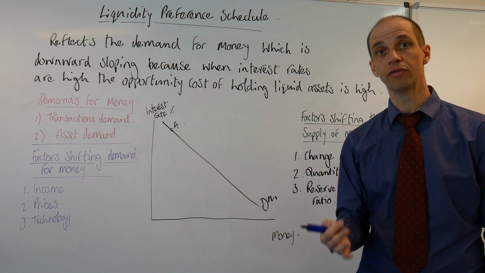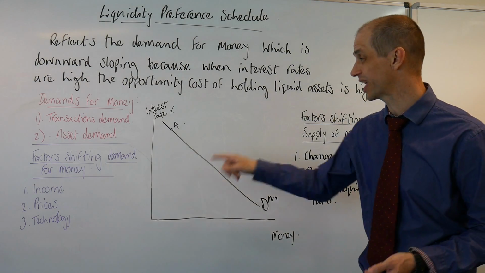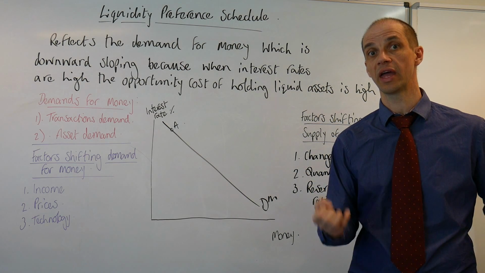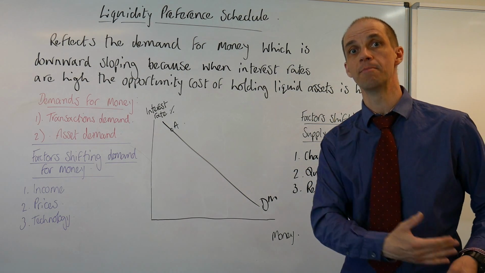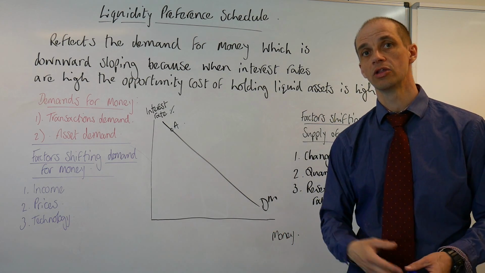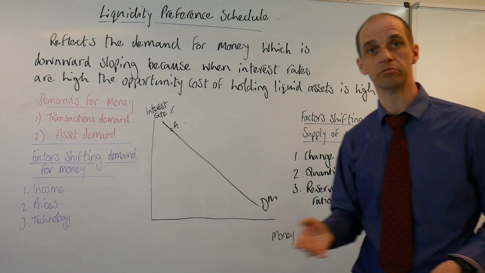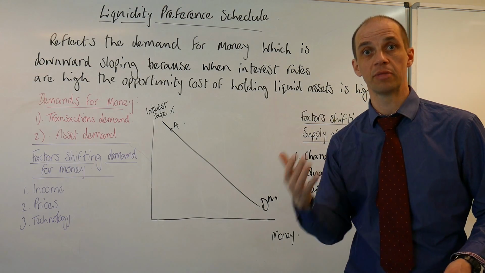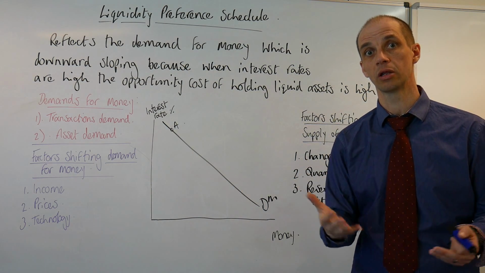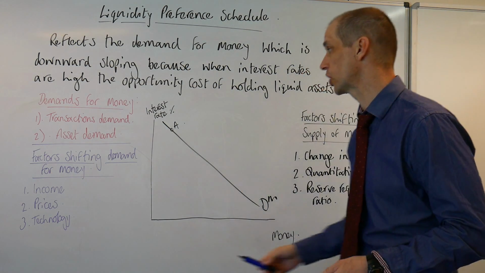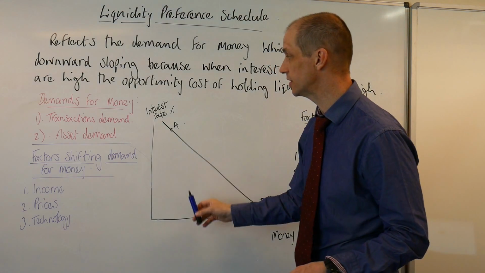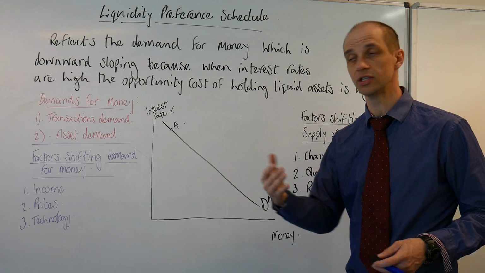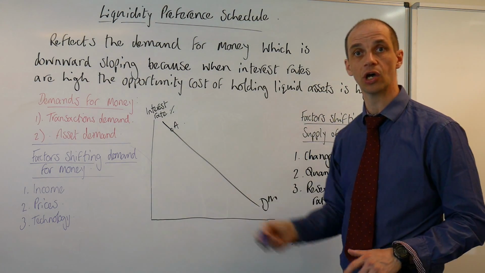The reason for this is people don't want to hold lots of cash when interest rates are very high, because it's far better that they put that money into a savings account, or into buying government bonds, and actually benefit from that high interest rate that's currently prevailing in the economy.